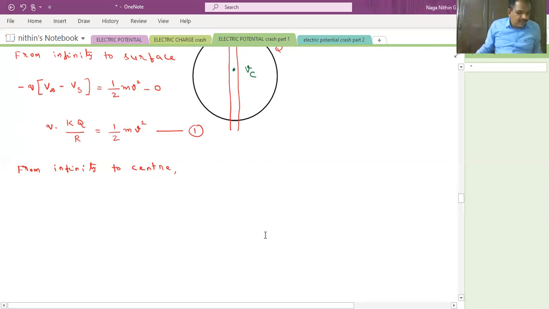So here, from infinity to center, what we can write is minus q times V infinity minus V center.